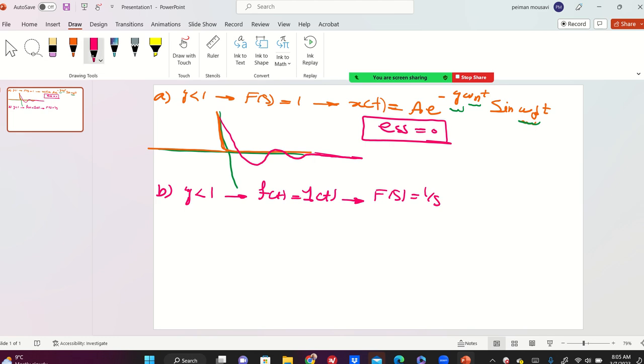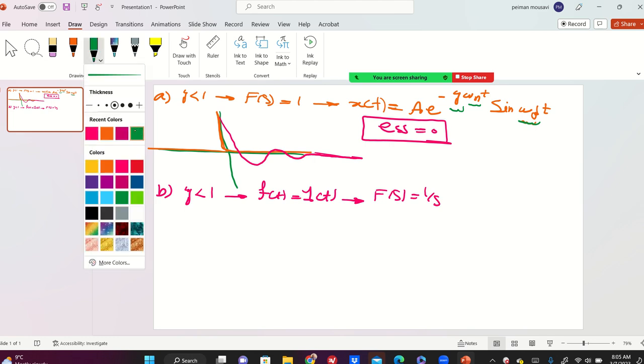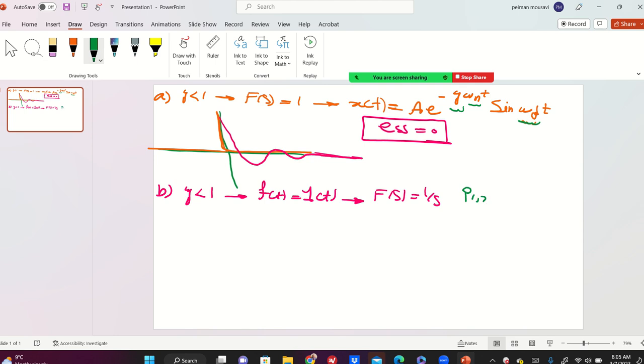When zeta is smaller than 1, the system is underdamped, meaning that the poles of the system, P1 and P2, are minus zeta omega_n plus minus i omega_d. That means you have a pair of complex conjugate poles on the left-hand side of the complex plane. Here we go, here is real, here is imaginary, as we derived together through mathematics, right?